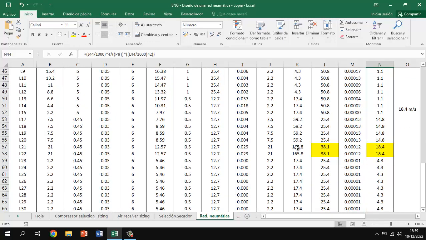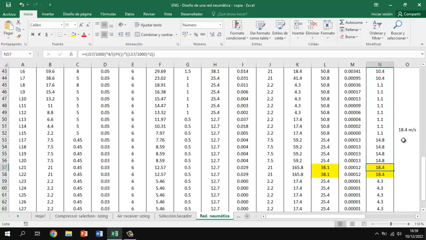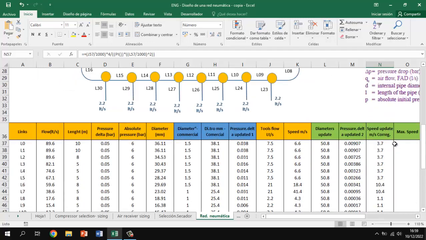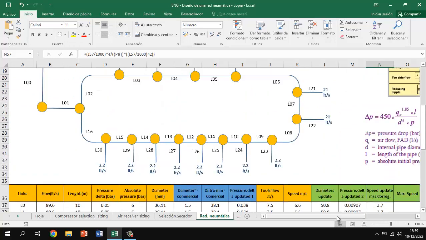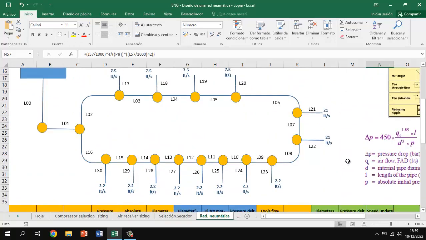And look at this, 18.4, and we are still within the API rule, so we are okay.